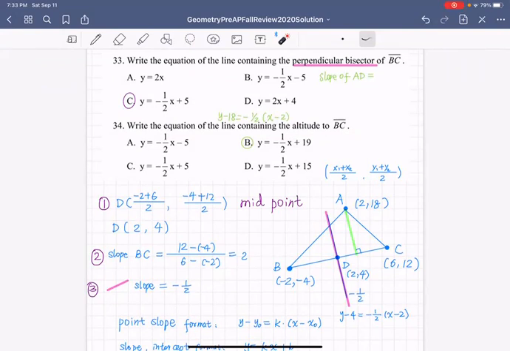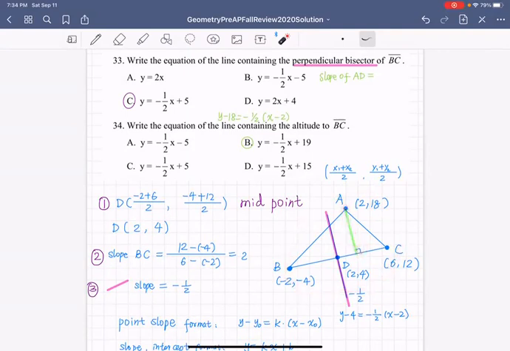I kind of don't know where to start. I'll guide you through. What does altitude mean? The height. For this triangle, you want to find the altitude. So you want to go through this point and draw a line, yes?